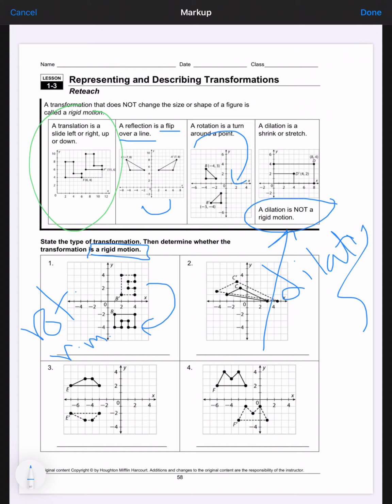Here it's flip, it's mirror, so we can say this is reflection, and it's a rigid motion because it keeps the size and the shape. And this one, last one, it's just movement, it's just sliding from here to there, so it is translation. So this kind is a rigid motion also.